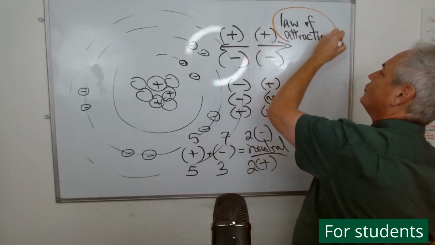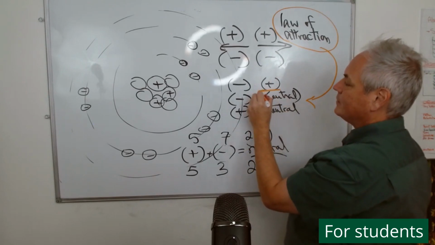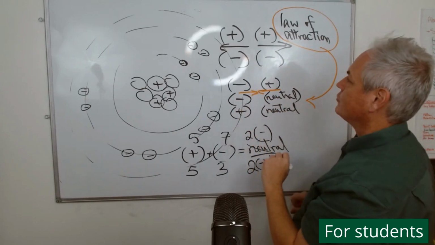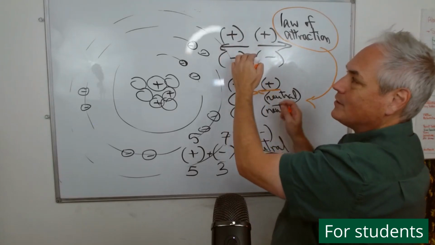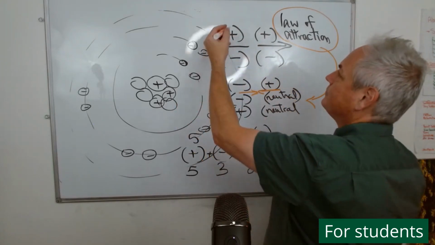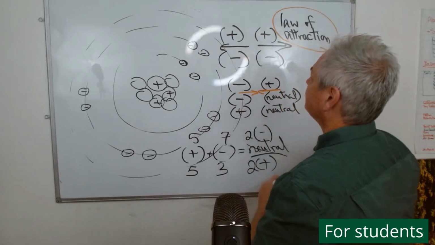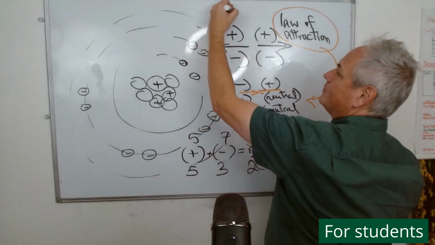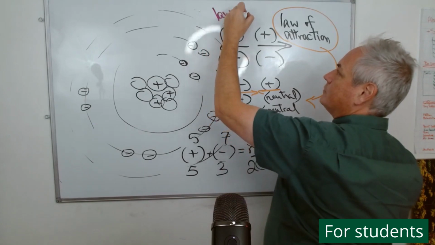This is what we call the law of attraction down here, because you have opposite charges. So I made a mistake here. What do I have here if we have the same charges that repel each other? We have the law of repulsion.